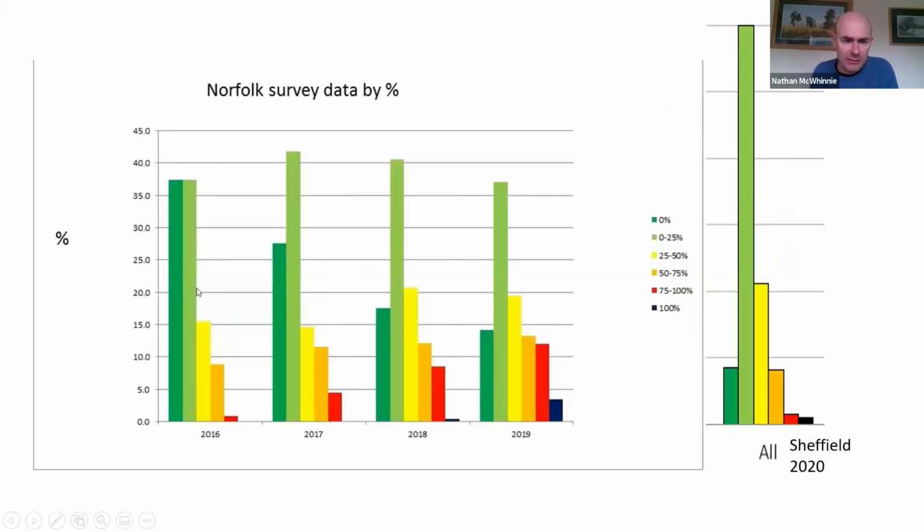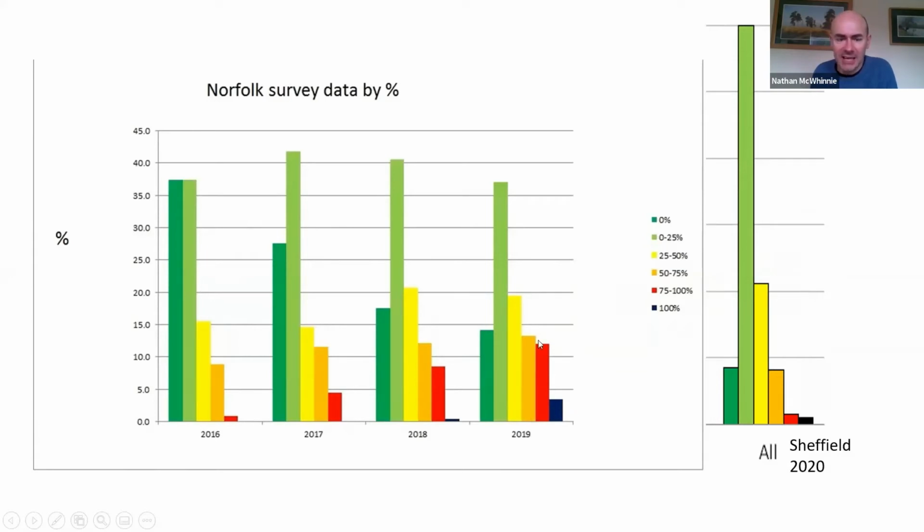These data are the stats from Norfolk, which they've been kindly sending up to me for a couple of years now. So you can see the progress that the disease has made in Norfolk. The yellow and the orange and the red are all going up year on year, and the green is coming down.